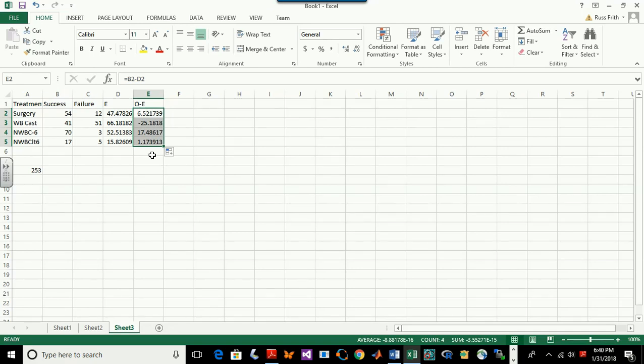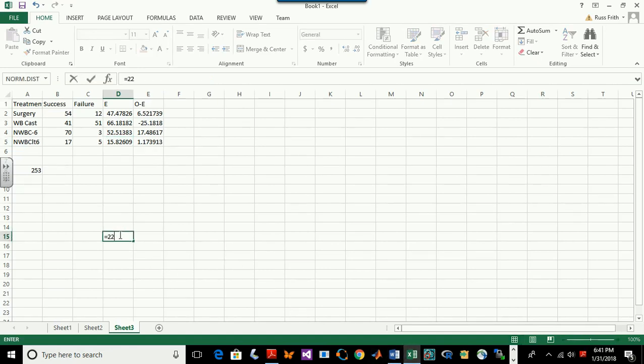Let me see the expected value over here. Is that right? Let me check. I have a discrepancy here. They say 6.174. So what is wrong here? The row total is 22.